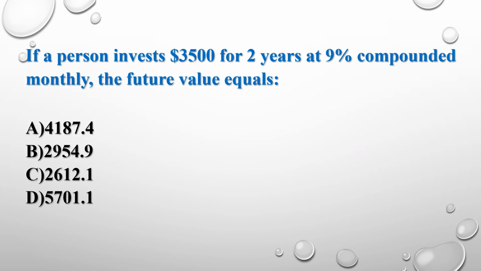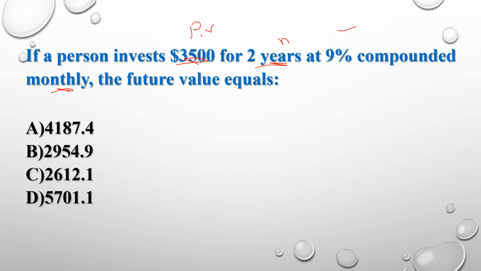Question 3. If a person invests $3,500 for 2 years at 9% compounded monthly, the future value equals? In this example, we have the present value, which is $3,500, and this is for 2 years. So N is 2 years at 9% compounded monthly.